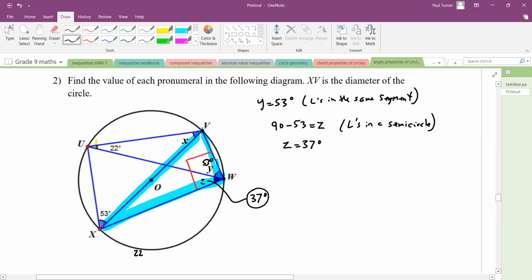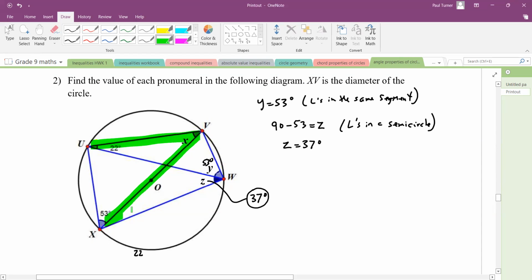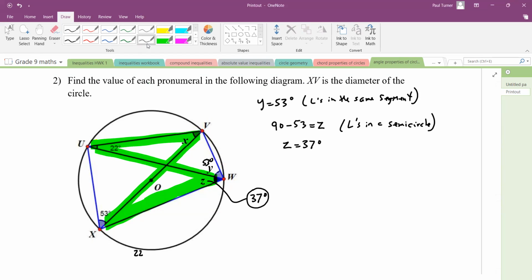Now you should be able to find X. So let's take the blue out there. Now look at your shape again. Now look at it in this direction. You see that? We got our butterfly shape, but going in a different direction now. And when you look at that, we could say that X and Z are going to be equal.